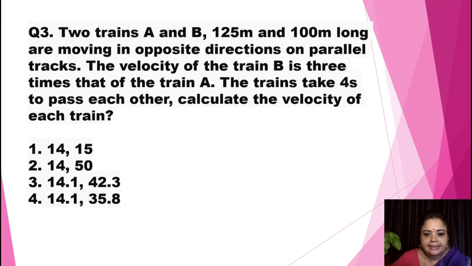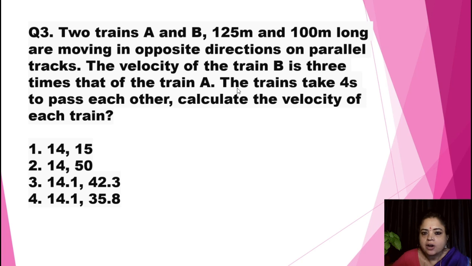Now let us discuss another type of problem which also comes under speed distance problem. Here two trains A and B, 125 meters and 100 meters long, are moving in opposite directions on parallel tracks.